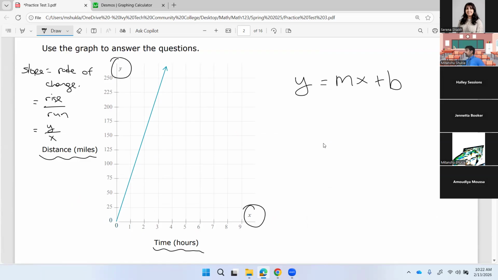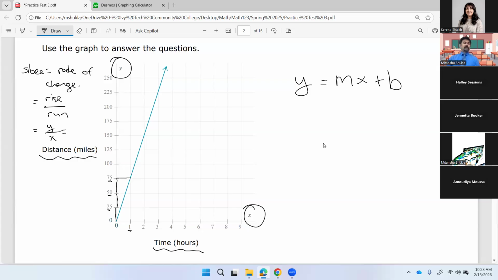When they don't give me words and they give me a picture, it's actually nicer, because I can find the rise over run by looking at it and counting. If I start at 0, I went up 25, another 25, which is 50, another 25, which is now 75. So I rose by 75 and I ran by 1.